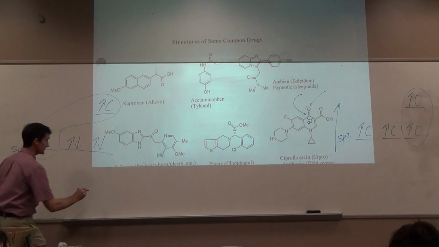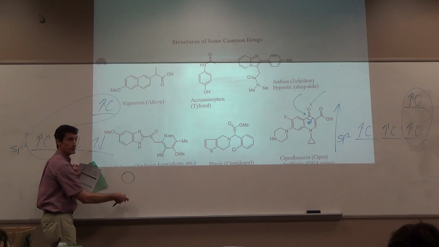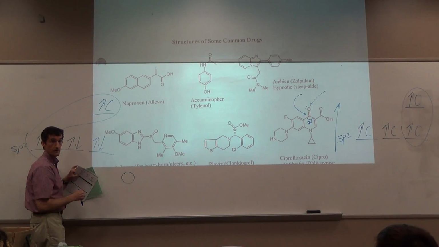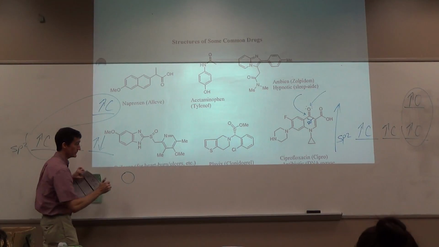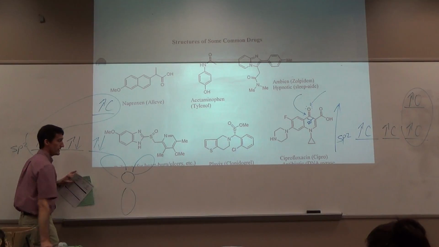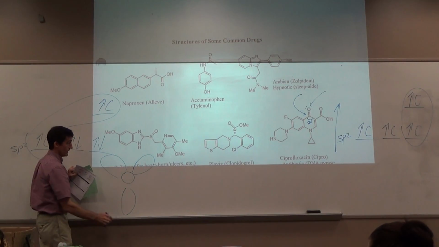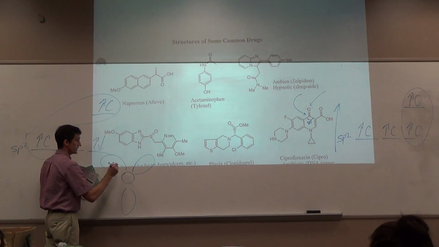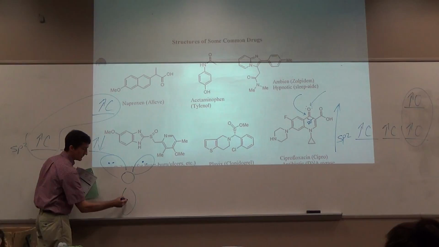If you drew that oxygen and the hybrids around it, you would draw three hybrids. How would they be oriented, for what geometry? Trigonal planar: one here, one there, one there. I don't have enough room to bond to carbon now, but there are lone pairs here. And then there's only one electron here.